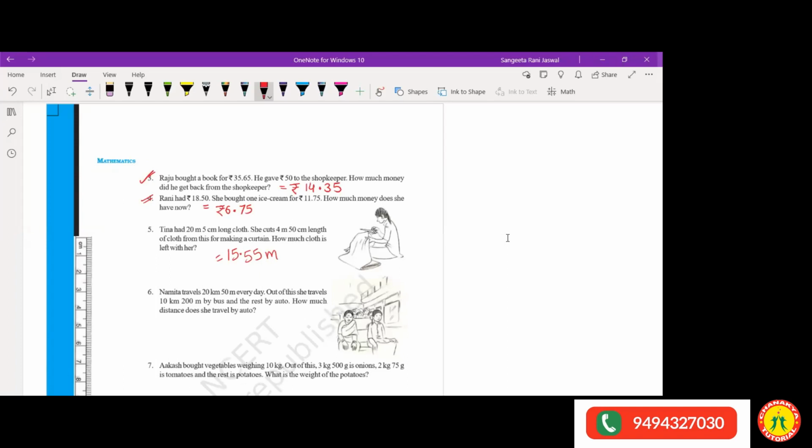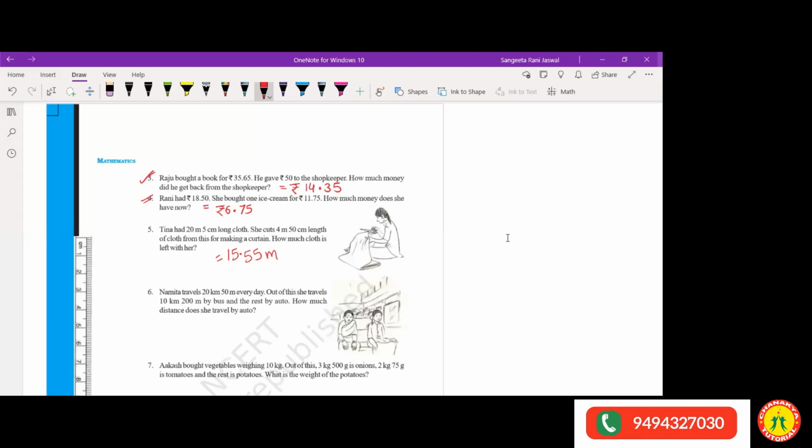Distance traveled by Namita every day equals 20 kilometer, 50 meter. Yes. And the second statement will be? It will be like distance covered by her by bus equals 10 kilometer, 200 meter.